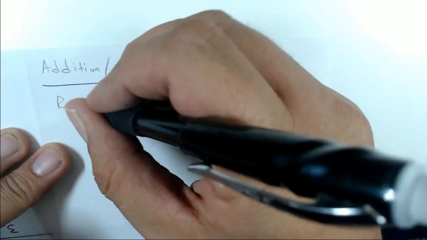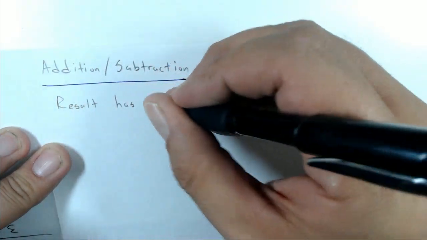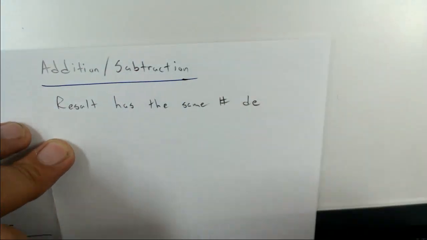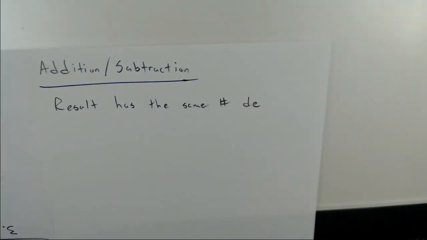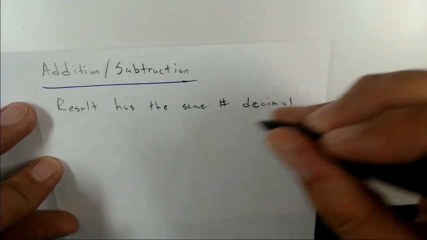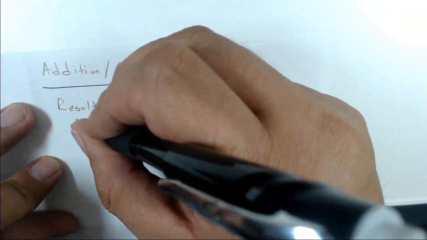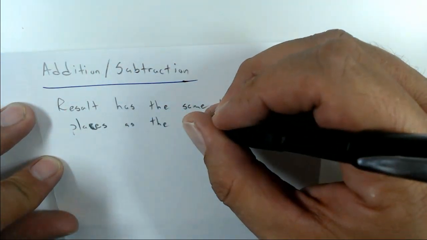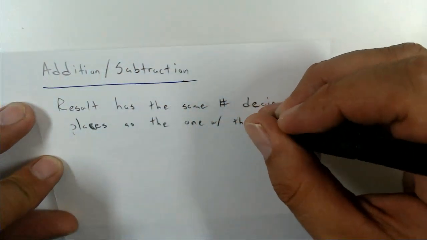So the result has the same number, so now we're not talking about sig figs per se, we're saying decimal places. So same number of decimal places as the one with the least.